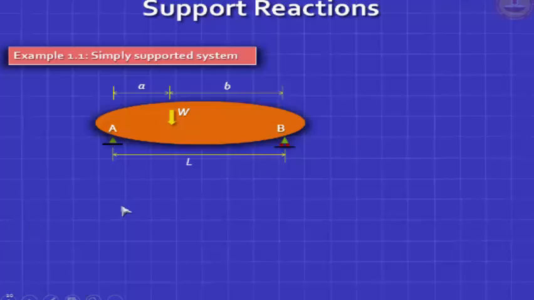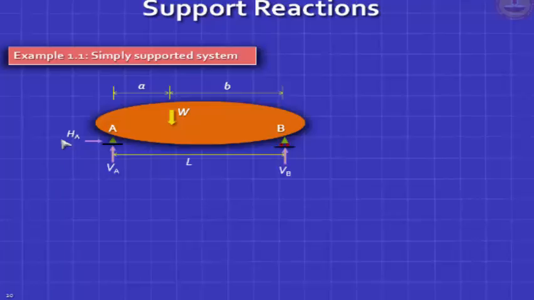Tell me, what is the reaction at A and B? By the way, what reactions do you get? Because this is restrained from moving to the left or right, you can potentially develop a horizontal reaction. This is restrained from going down, so you'll get a vertical reaction. So there are 3 unknowns and you have 3 equations of equilibrium, so you should be able to get them.